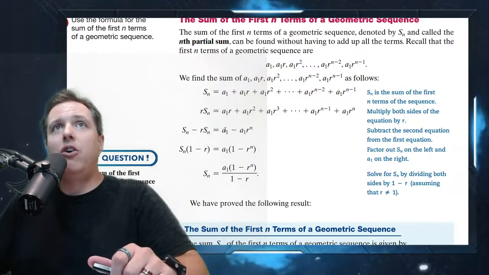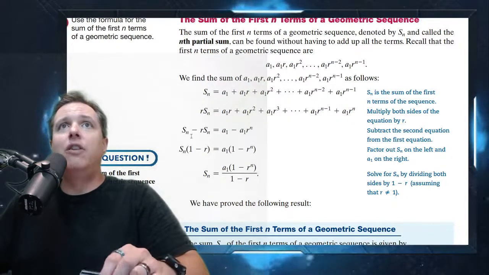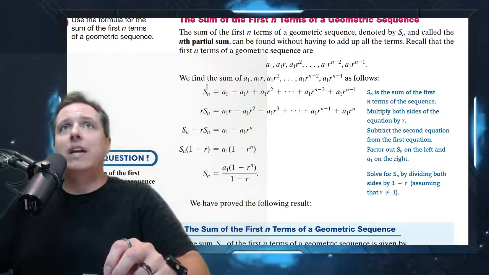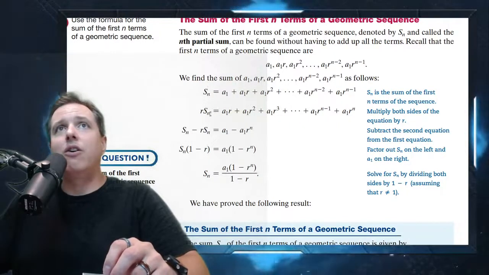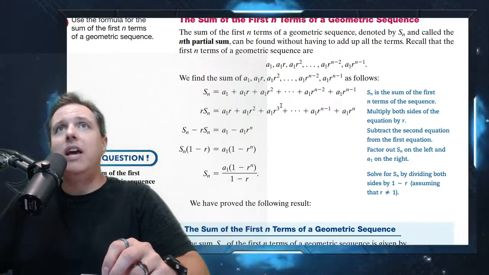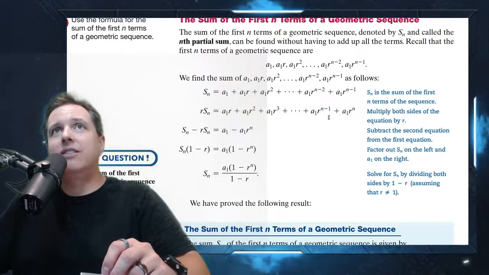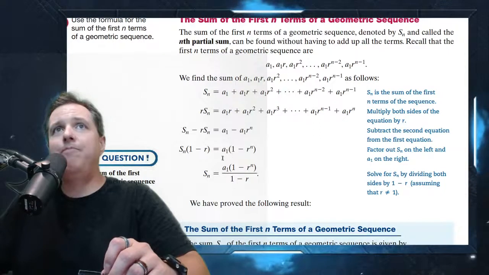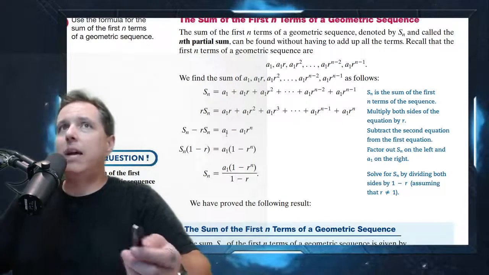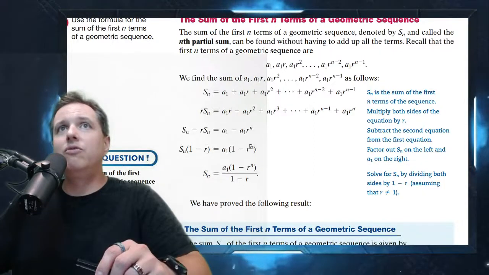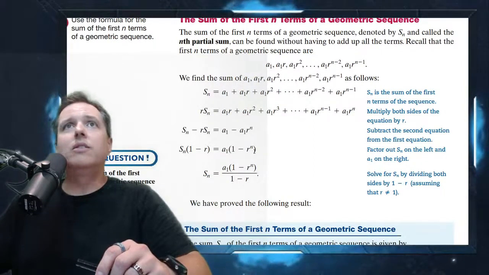Then you subtract these two things, s sub n and r s sub n, to get this thing on the left. Notice all the middle terms cancel each other out, so you just end up with a sub 1 minus a sub 1 r to the n.